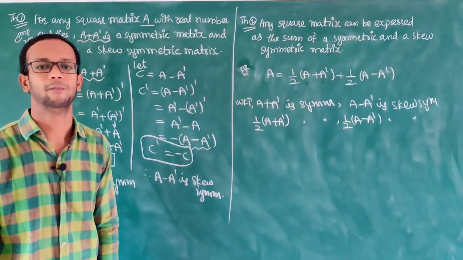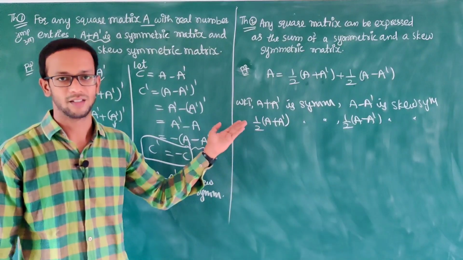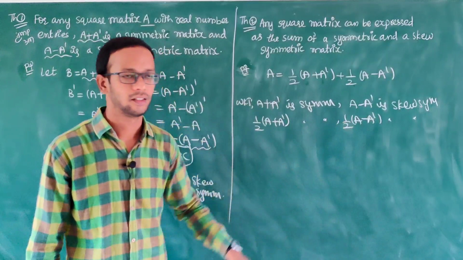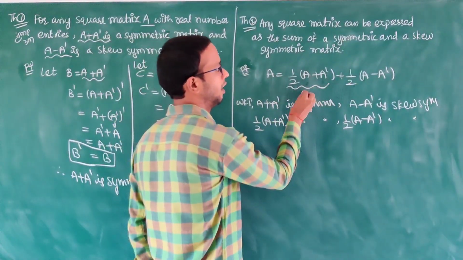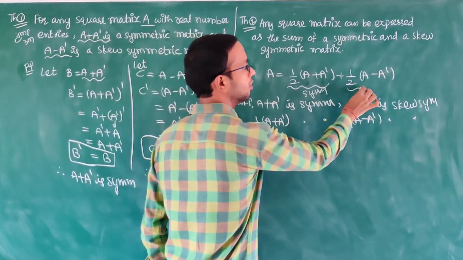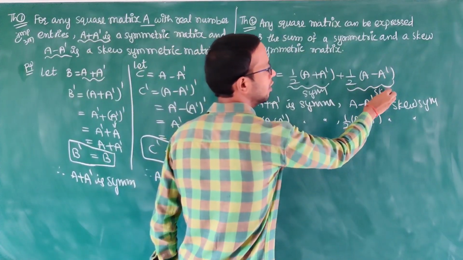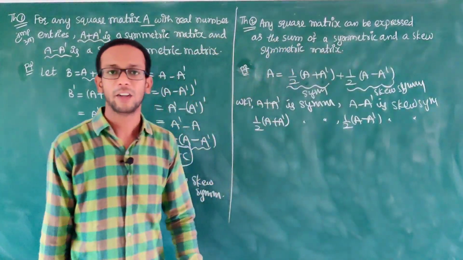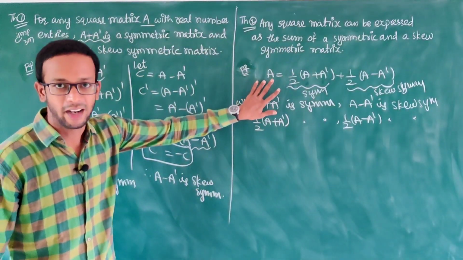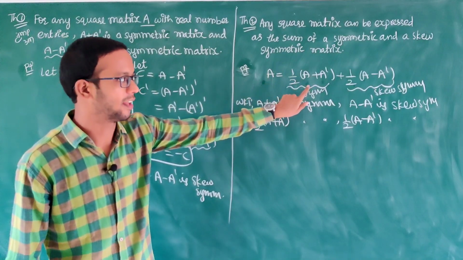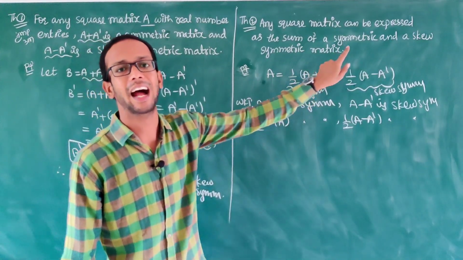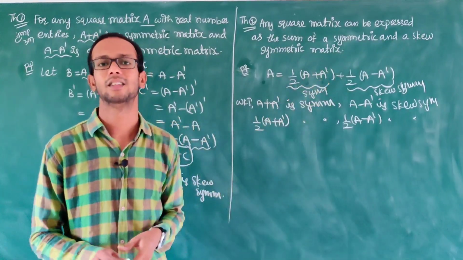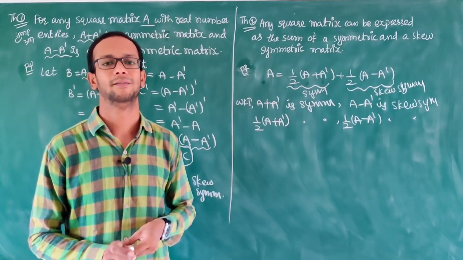We have the property that for a constant K, here the constant is 1 by 2, this is symmetric and this is skew symmetric. So we conclude that a square matrix can be expressed as a sum of a symmetric and a skew symmetric matrix.